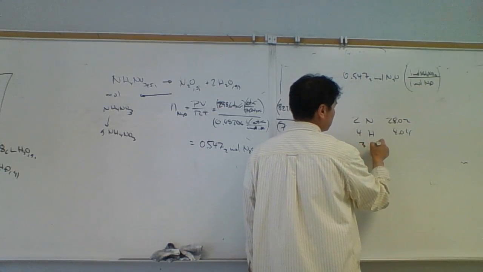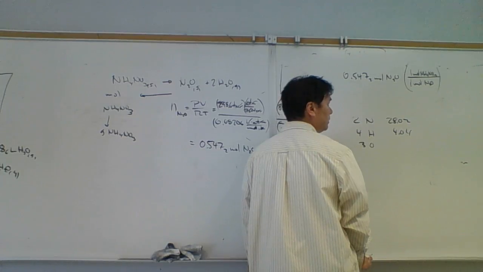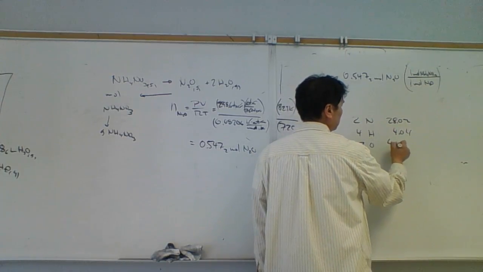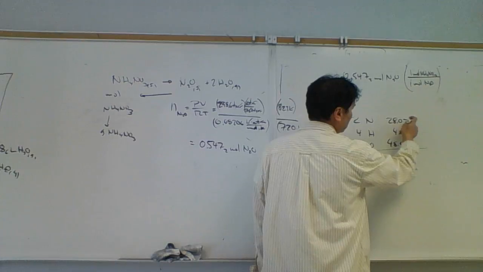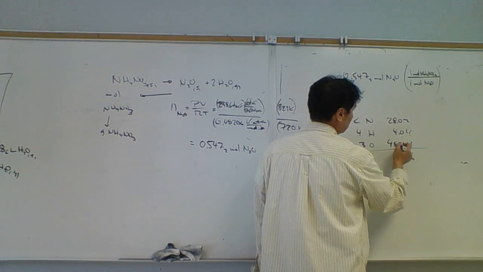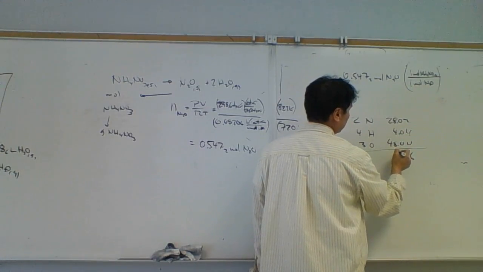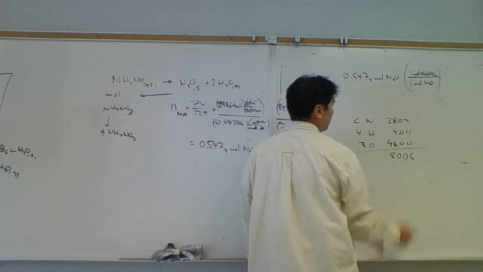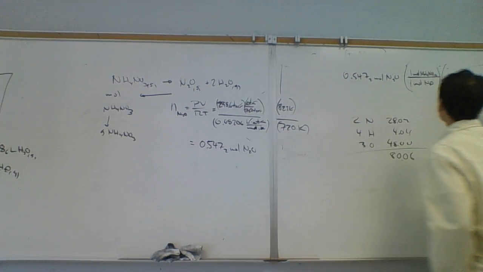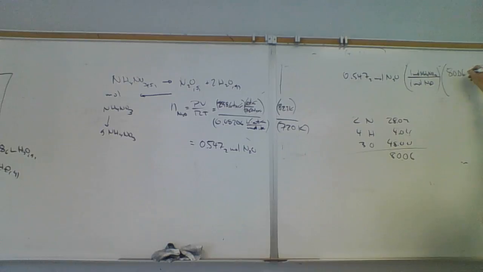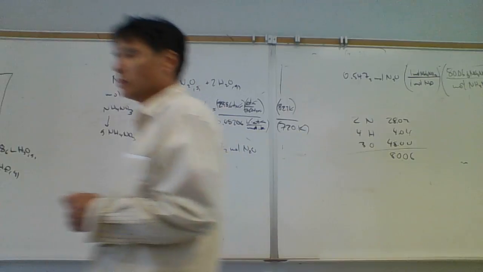I have 3 oxygens. 3 times 16 is 48. So that gives me 80.06 grams of ammonium nitrate per mole. So that should give me the grams of ammonium nitrate here.